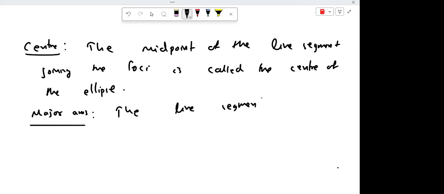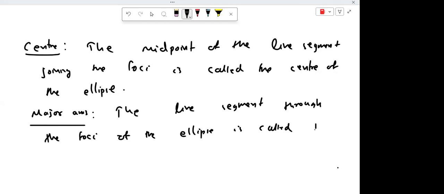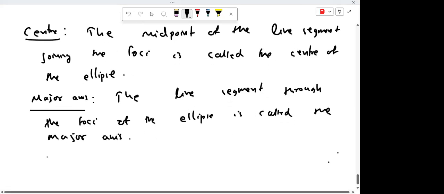The line segment through the foci of the ellipse is called the major axis. Note it down.